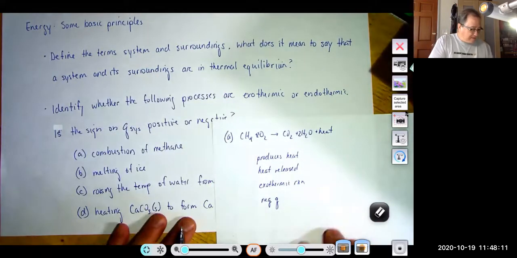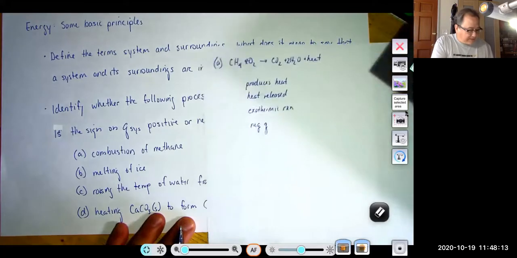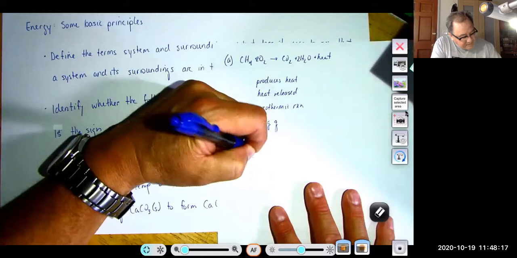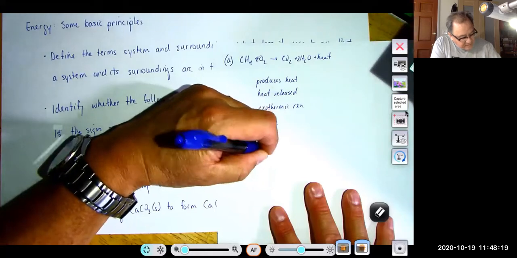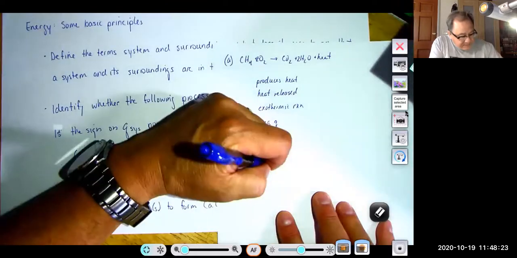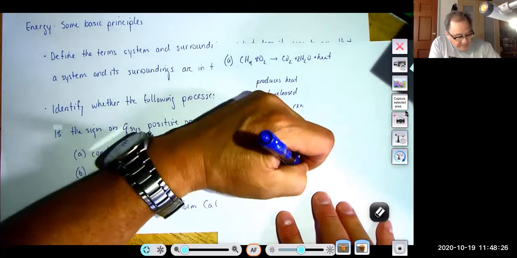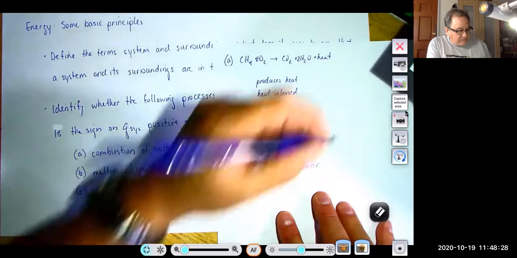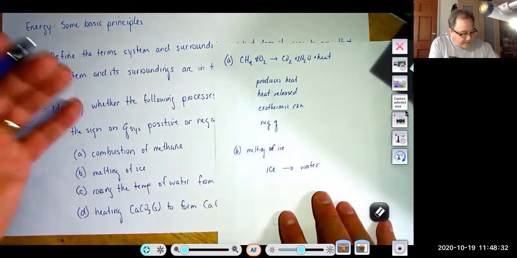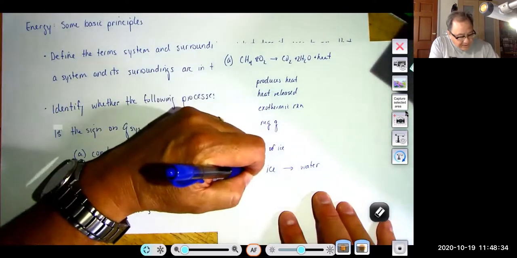Let's take a look at B, melting of ice. Now, if we have ice and we melt it, it's going to turn into water. Now, is this something that is going to release heat or something that's going to require heat? And my answer is it's going to require heat.